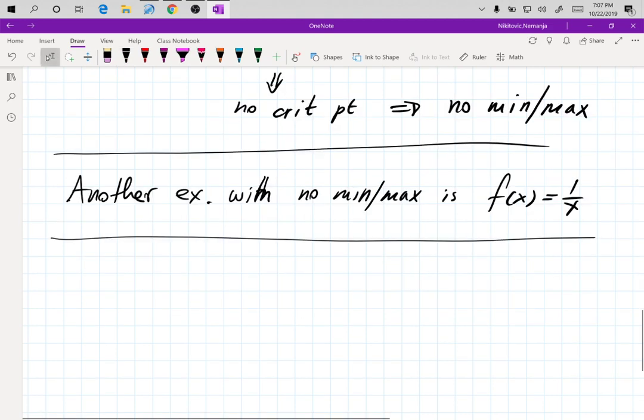Now, before we go on, I will just remind you guys that not all equations can be solved using algebra. For instance, if you mix two worlds that are not compatible, you can't solve the equation. I'll give you an example. Let's say you have e to the 2x minus 1 is equal to x plus 3.